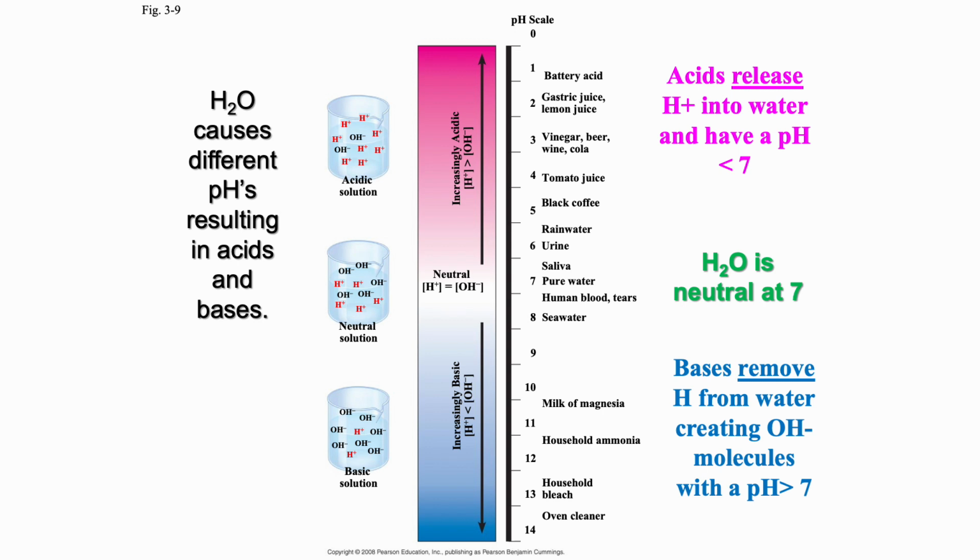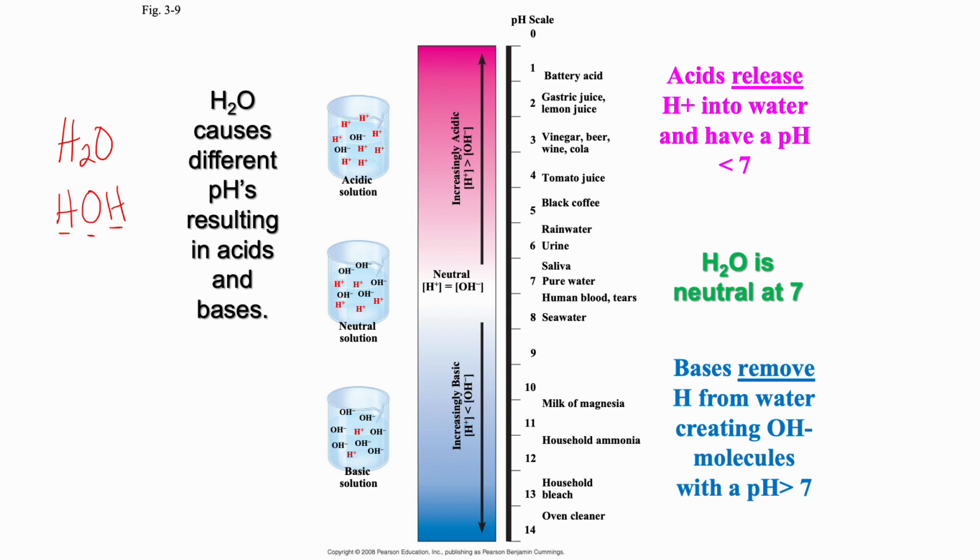Another way to look at water, again, we know water is H2O, but we don't see this very often except in chemistry when you're studying acids and bases. A lot of times we'll write it as HOH. There's my two hydrogens and then my oxygen.